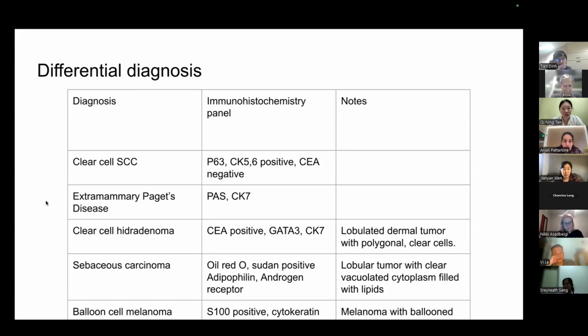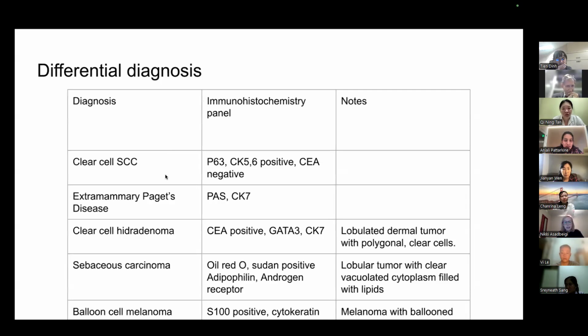There's also a possibility of renal cell carcinoma, metastasis to the skin. I don't know why it's not included in the slide. I think it's in the bottom of the slide. That's the reason it's not showing.